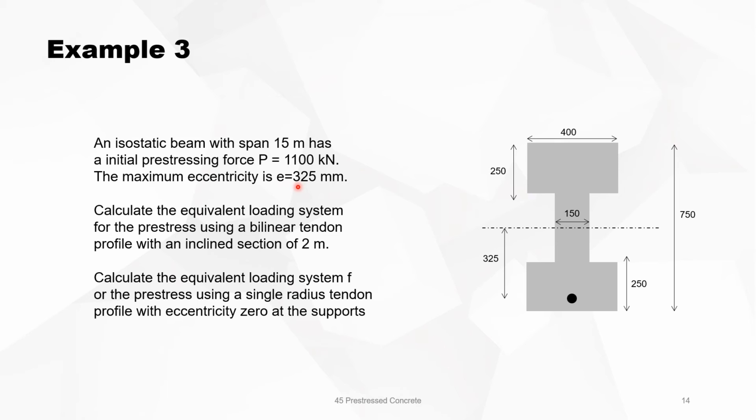So the maximum eccentricity is 325, but we will use a bilinear tendon profile. And then after that, we will calculate the equivalent loading system for the pre-stress using a single radius tendon profile with eccentricity 0 at the supports.